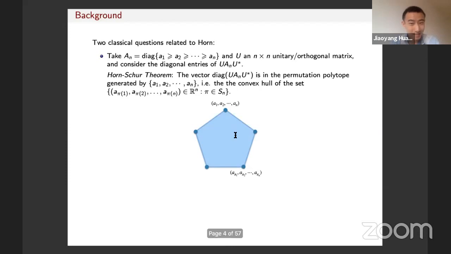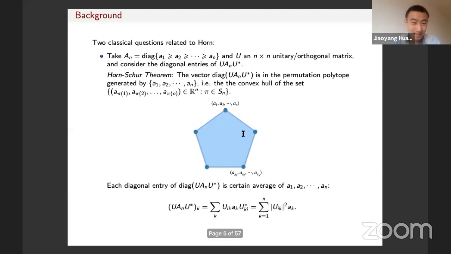And for any point in this polytope, actually you can find some U such that the diagonal entries achieve that point. You can easily see it from looking at the diagonal entries of the matrix U AN U star.